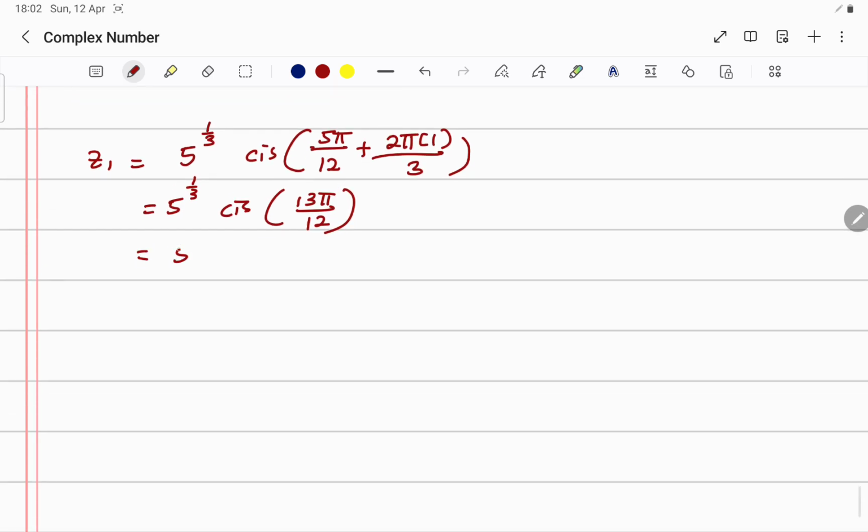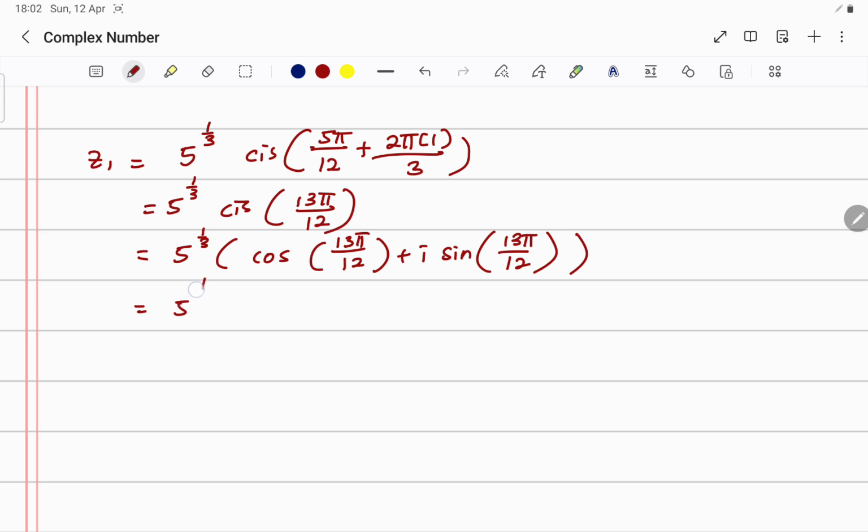Now you transform into cos and sine form, which is cos 13 pi over 12 plus i sine 13 pi over 12. And then you expand this, we'll get 5^(1/3) cos 13 pi over 12 plus 5^(1/3) sine 13 pi over 12 i.